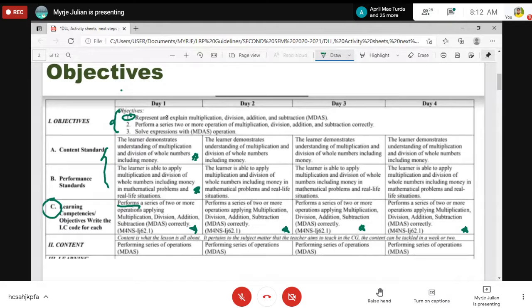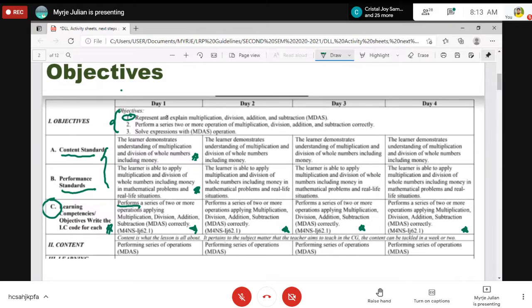And in order to achieve this performance standard, the pupil must be able to do our specific learning competencies.